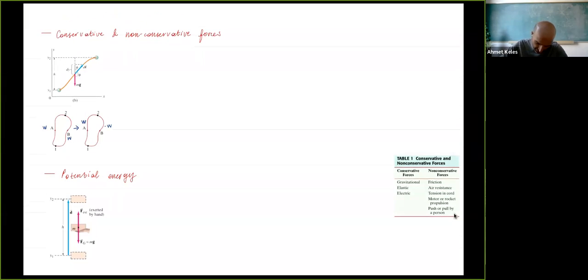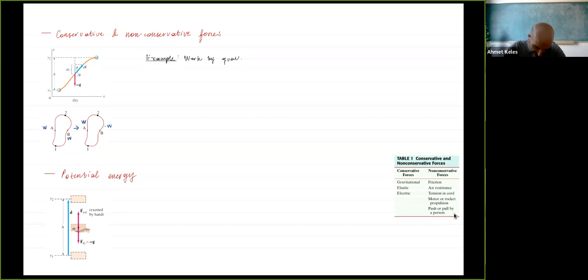The example is about work done by gravity. Maybe I can write it. Work by gravity.